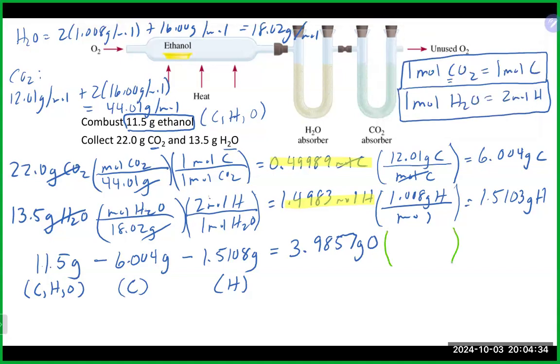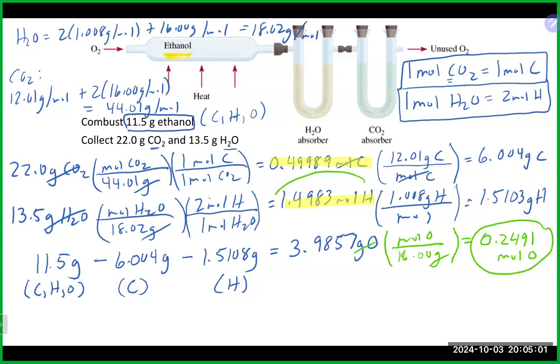So we'll use the molar mass of oxygen, which is 16 grams per mole from the periodic table. Grams will cancel, and we will end up with 0.2491 moles of oxygen. So now I have my moles of oxygen, my moles of hydrogen, and my moles of carbon. At this point, what we want to do is divide by the smallest number of moles.